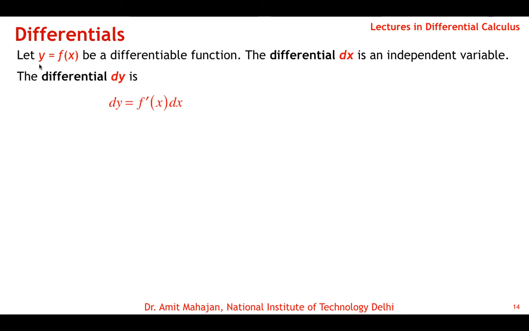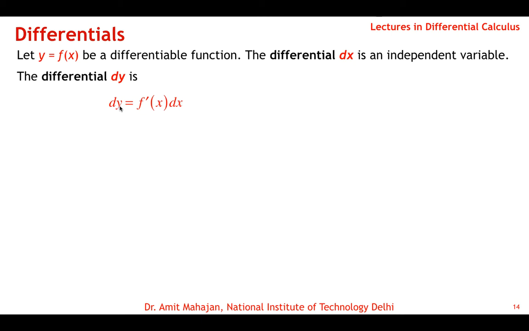Let y is equal to f(x) be a differentiable function. The differential dx is the independent variable, and the differential dy is given by this equation: dy is f dash x times dx.